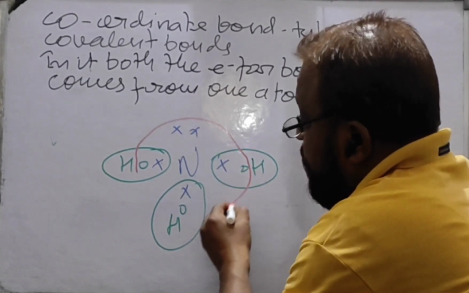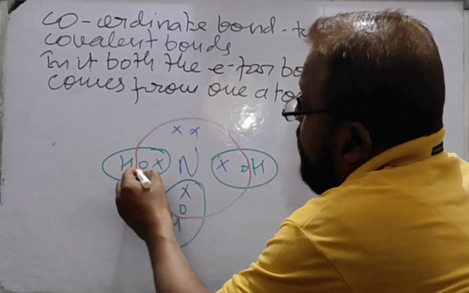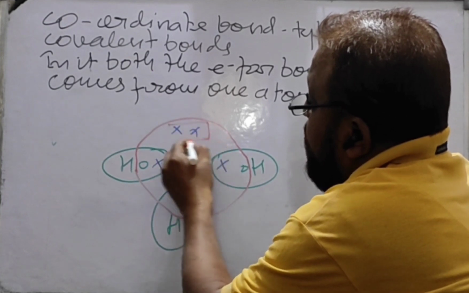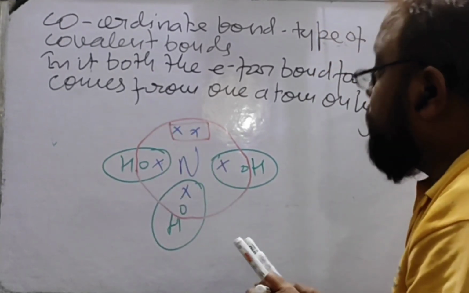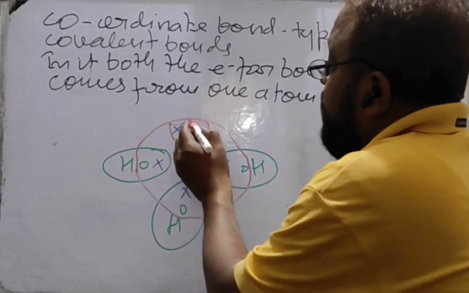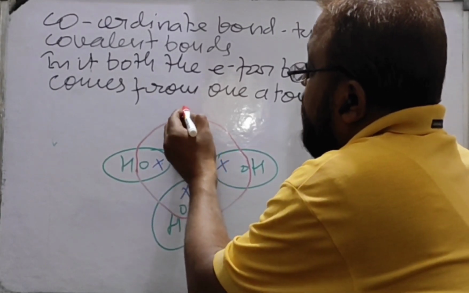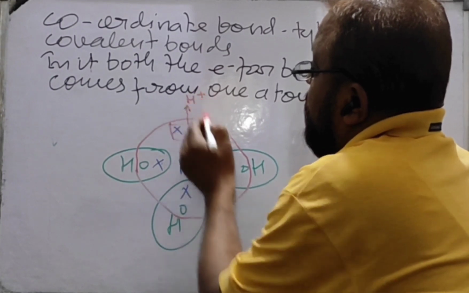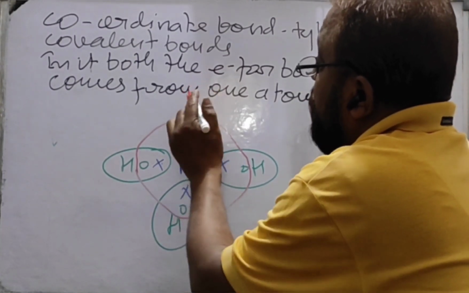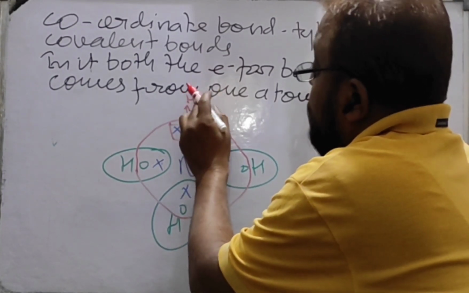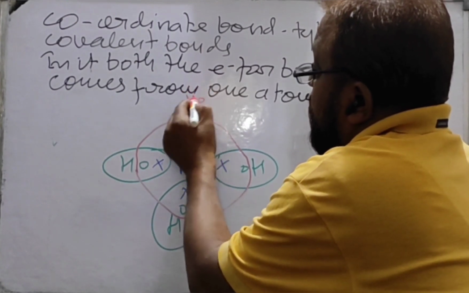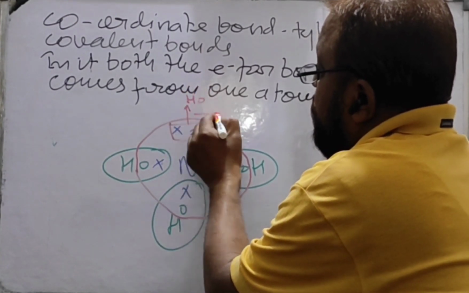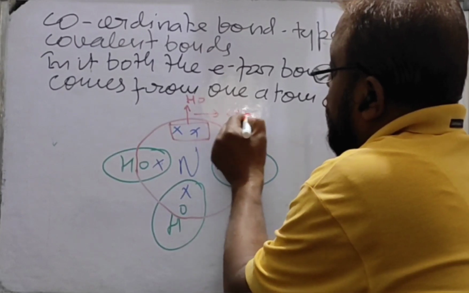Now, this nitrogen atom gives its lone pair to hydrogen and forms a coordinate bond.